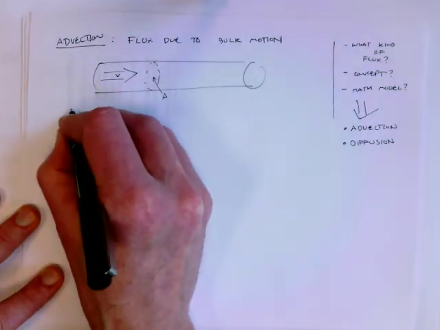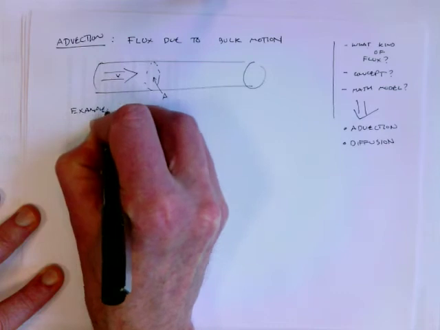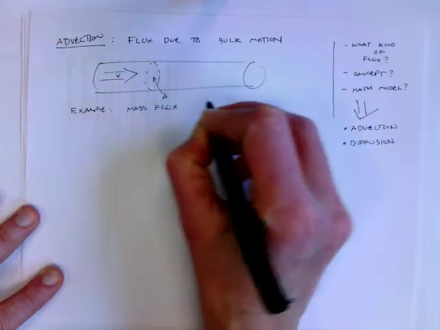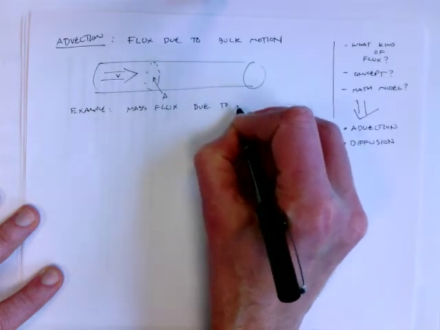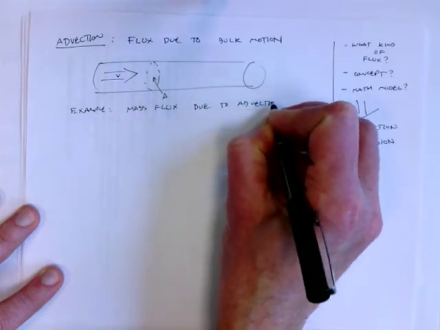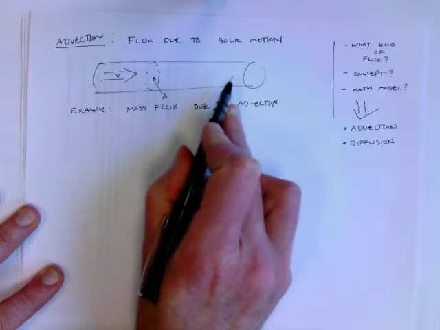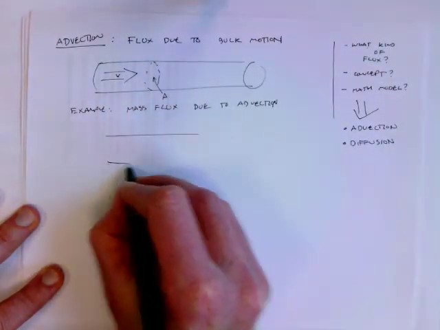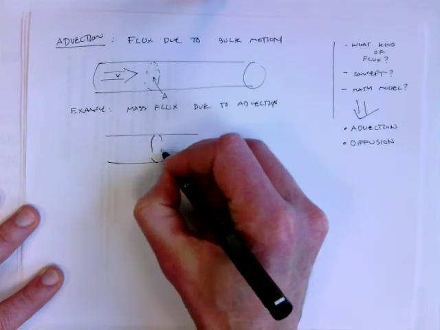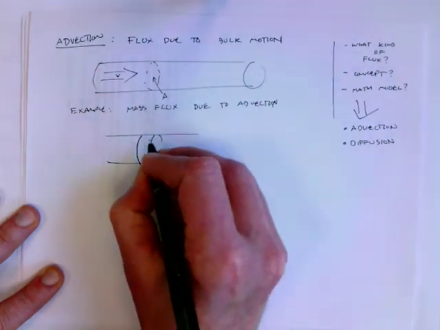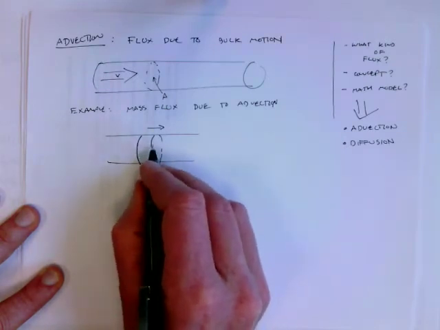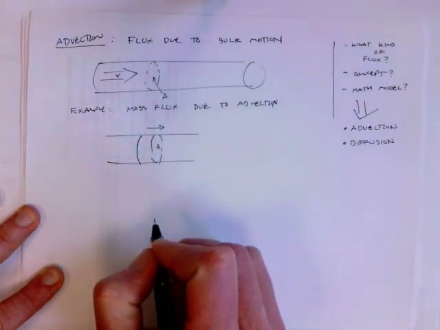So let's do one example of that, of mass flux. We could ask, what is the mass flux due to advection in this case of a pipe where you've got water flowing through at velocity v? One way to think about it is to ask how much mass is going to cross the surface A in a time dt.